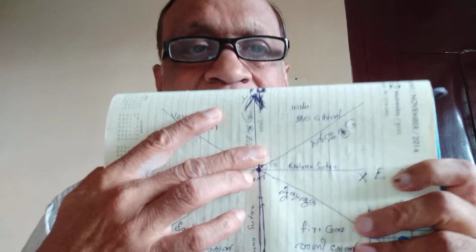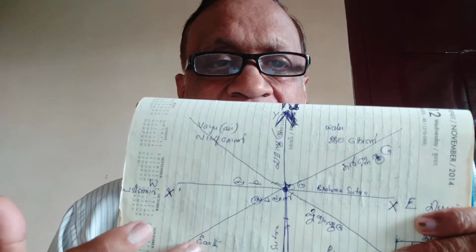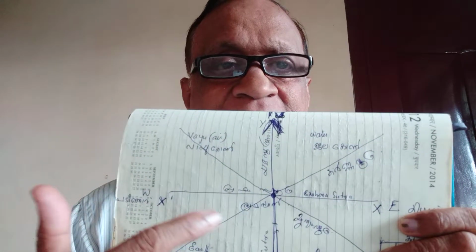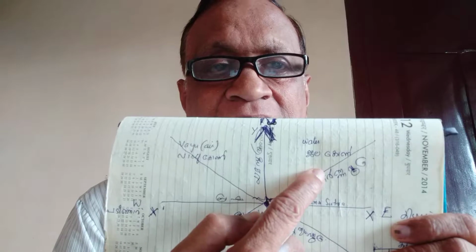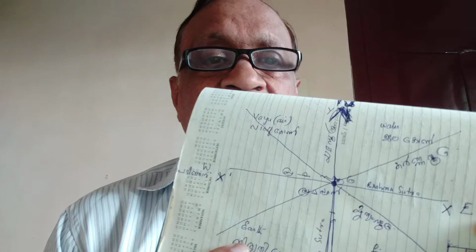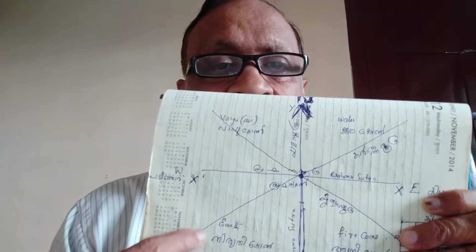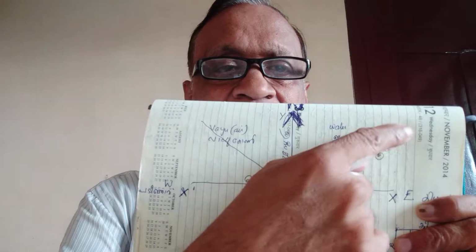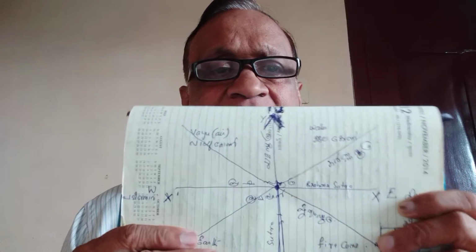For example, this diagonal, that is between this Ishana cone and this Niryadi cone, this diagonal, they named it as Karna Sutra.